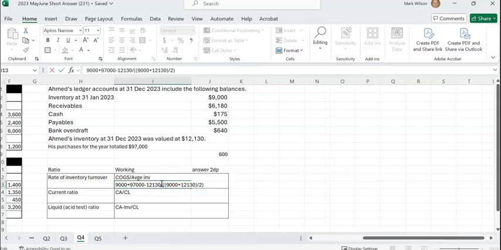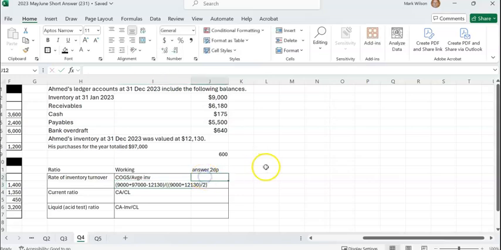In terms of that, we probably should bracket this. Right, so we've got equals open brackets. Put this in your calculator, see if you get the same answer.